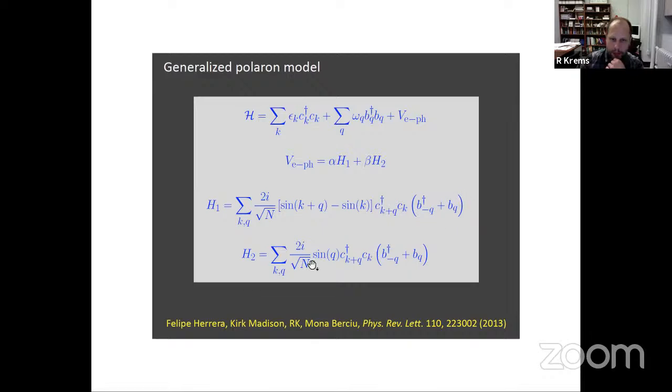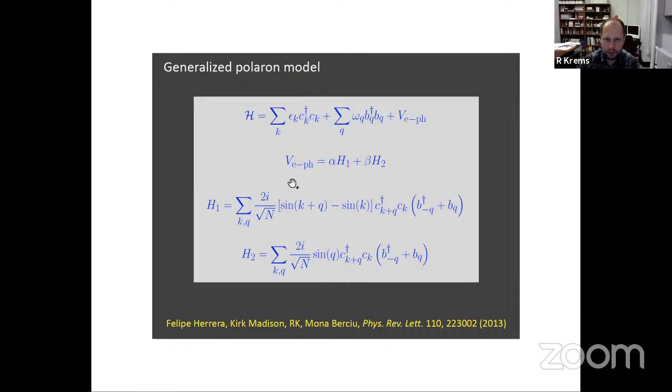One, depicted here by H1, is the one that modulates the potential energy of the electron, and the other coupling modulates the kinetic energy. One of them is the so-called Holstein coupling, and the other is the so-called SSH, or Schrieffer-Heeger kind of coupling. This is not important for our purposes today.